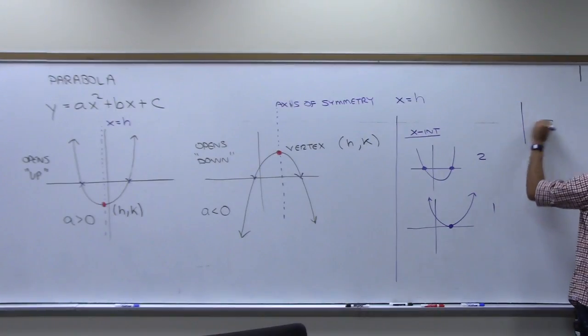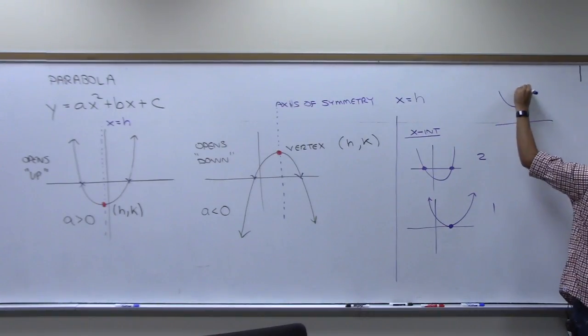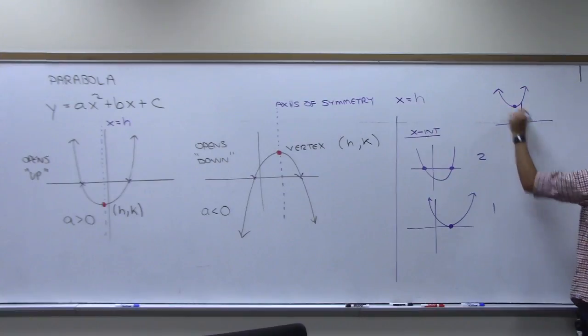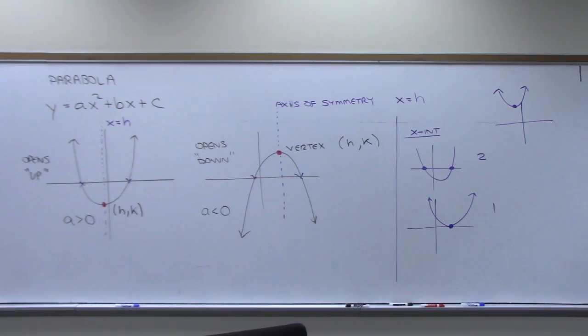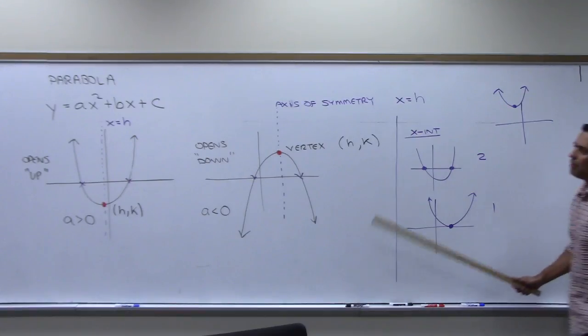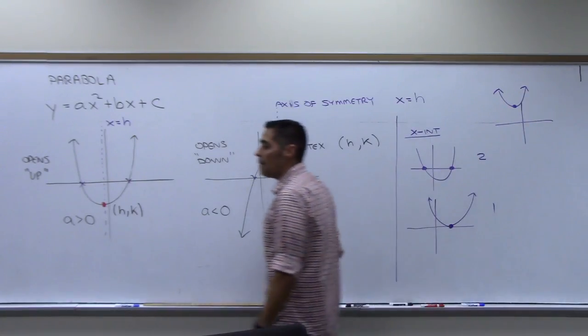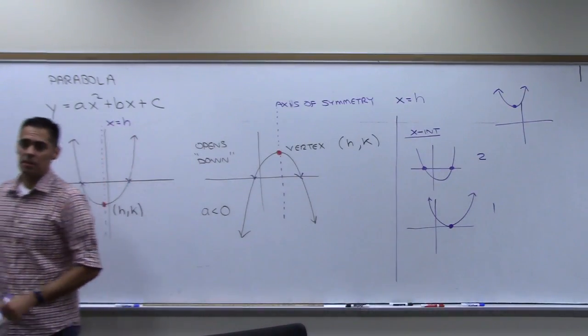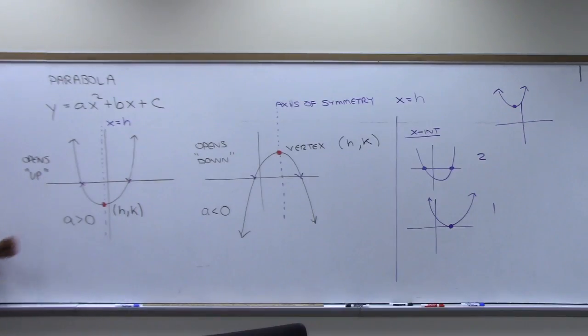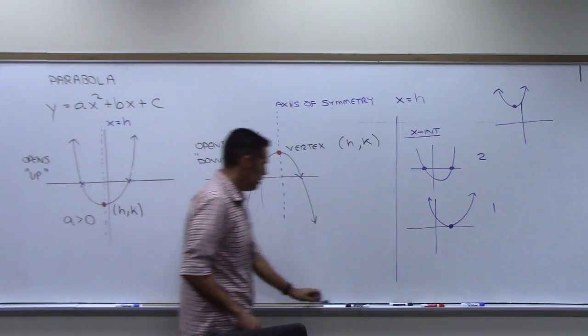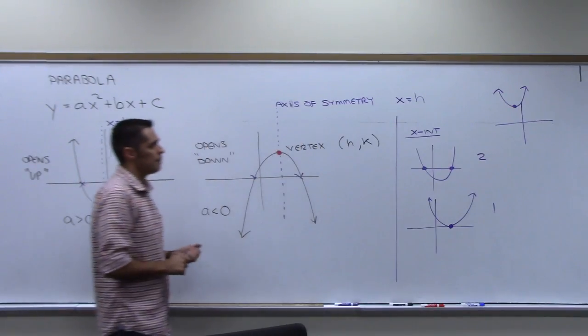You could have a parabola that does this and your vertex is there and you'll never hit. So when it comes to parabolas and x-intercepts, there are 3 possibilities: 2, 1, or none. It will be pretty easy for us to determine which of those it is. We'll have to do a little work, but we'll be able to do it.